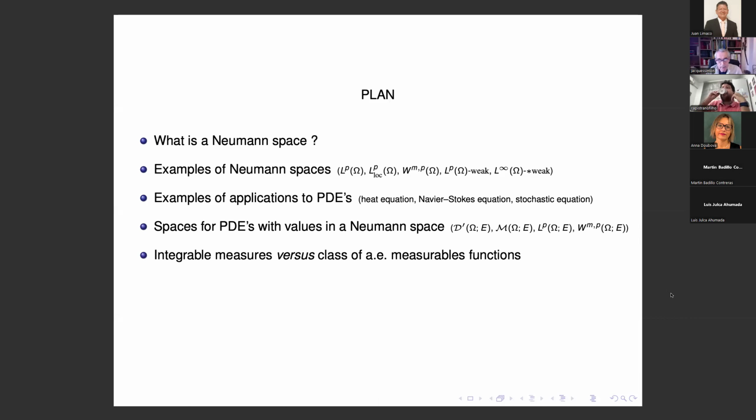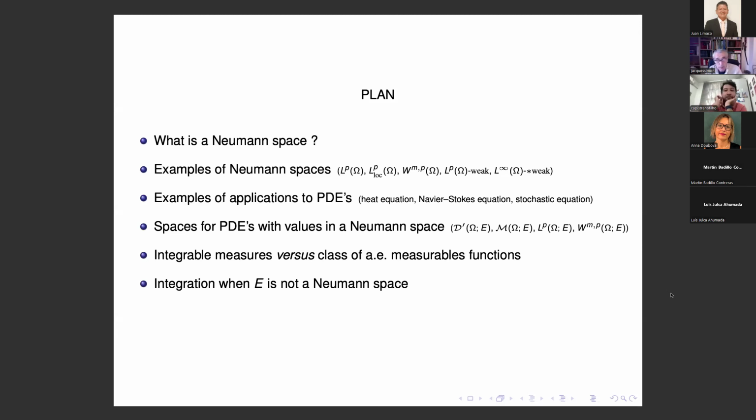Then we will compare what is an integral measure, that is new, that is my invention maybe, with the classical class of measurable functions, of almost equal measurable functions. We will compare the two and we will see that they are the same when both are defined, but the domain of definition is not exactly the same.